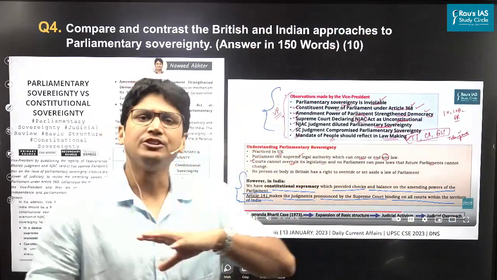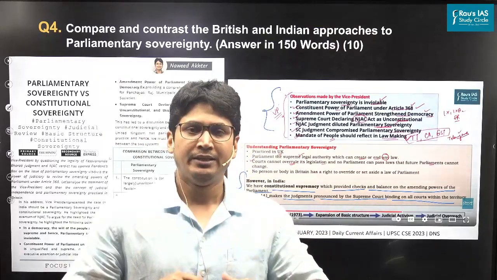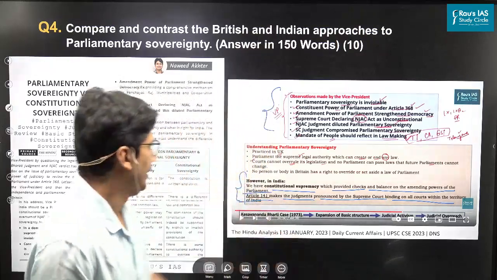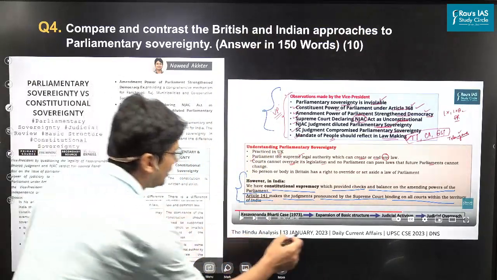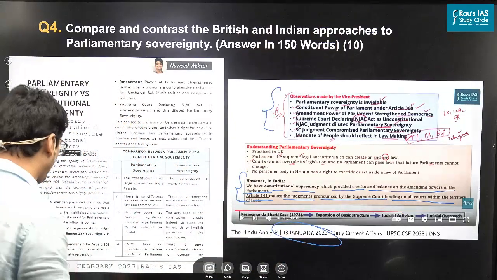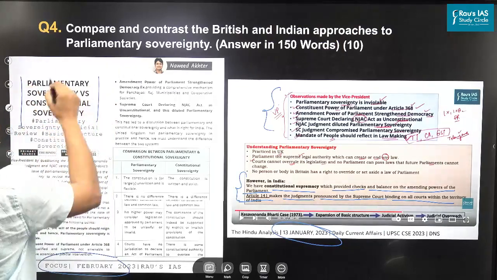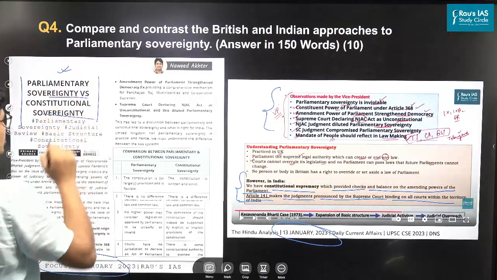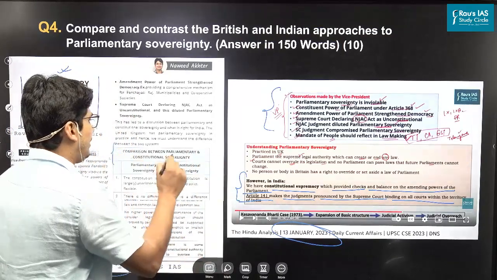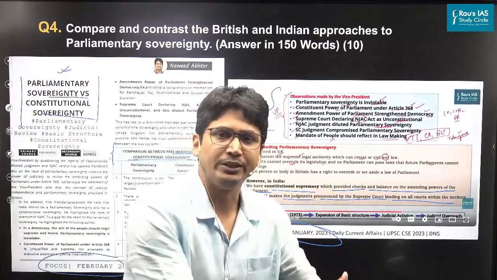So these two provisions make it clear that we have constitutional supremacy rather than parliamentary supremacy or sovereignty. Since this topic was covered on 13th January 2023, it was followed in the Focus magazine of February, where we discussed the same topic of parliamentary sovereignty versus constitutional sovereignty. We also provided a comparison between parliamentary sovereignty and constitutional supremacy with respect to India and Britain.